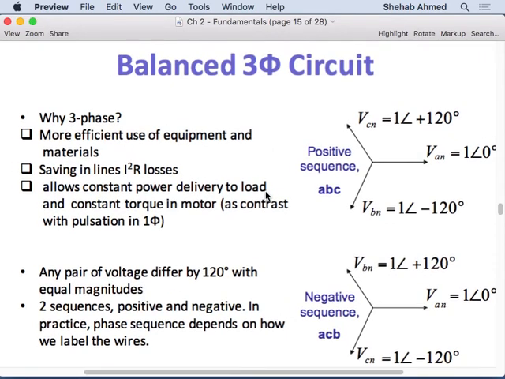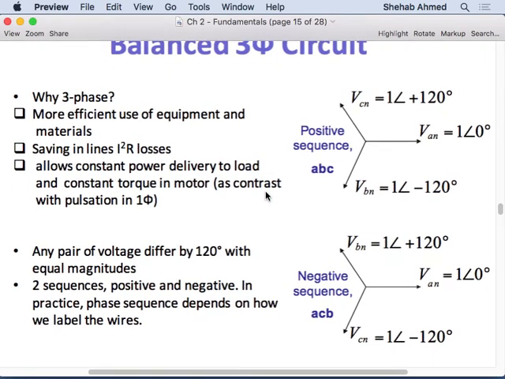Okay. We talked about balanced three-phase, I think, in the last class. This is just a quick review of that. So again, balanced three-phase is where our generators are providing three voltages that are 120 degrees out of phase, and they are equal to each other.